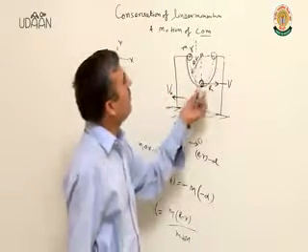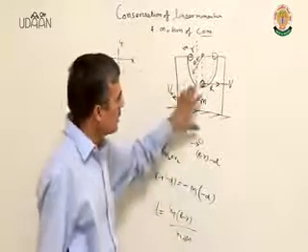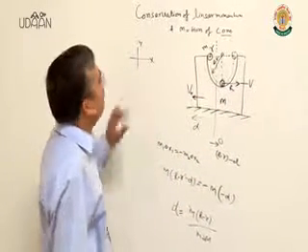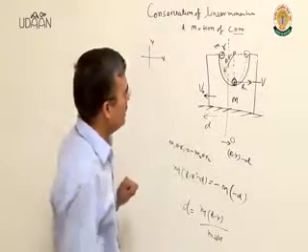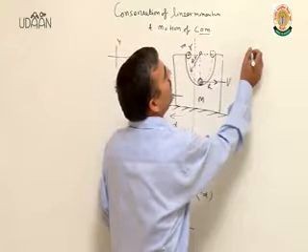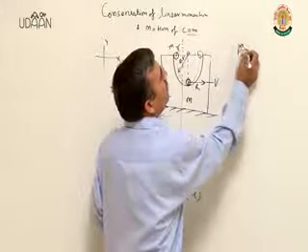Let us calculate the velocity of the smaller m block when it reaches the lowest position. Here we have to apply conservation of linear momentum in x direction. Initially the momentum of the system is 0.